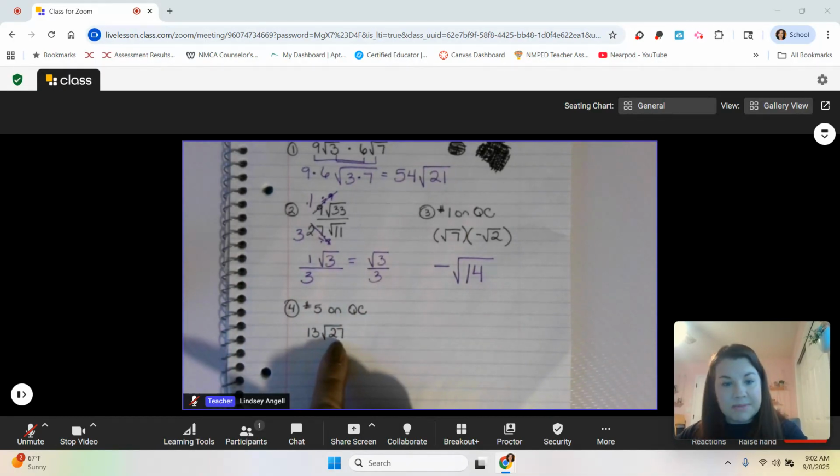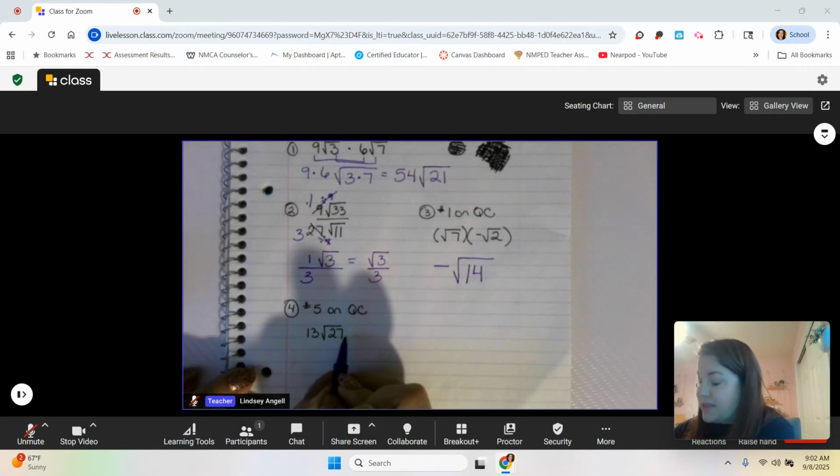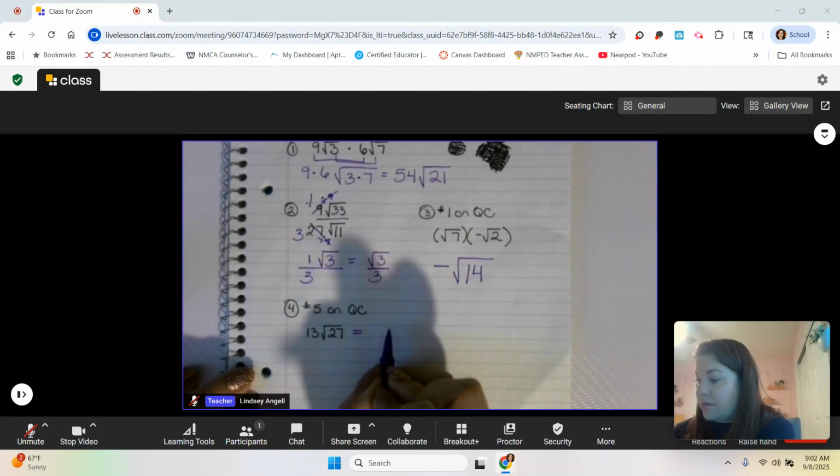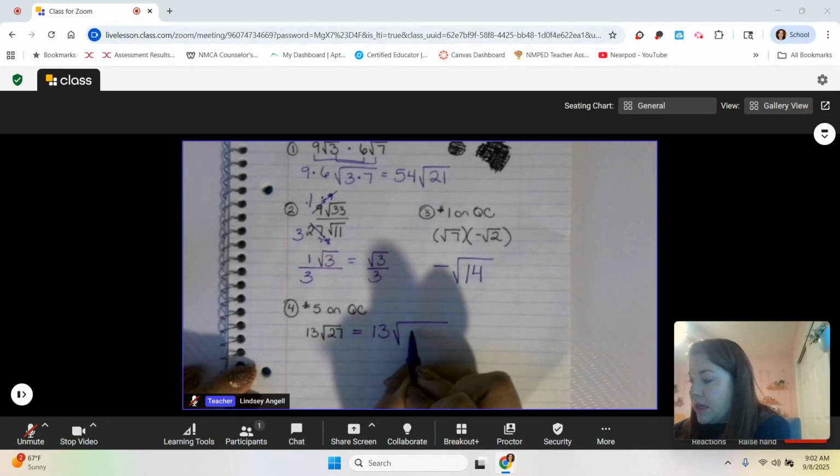So sometimes we can pull out or factor out a number from the radicand. What I mean by that is we can think, okay, what are the factors of 27? I could rewrite this as 13 times the square root of 9 times 3.